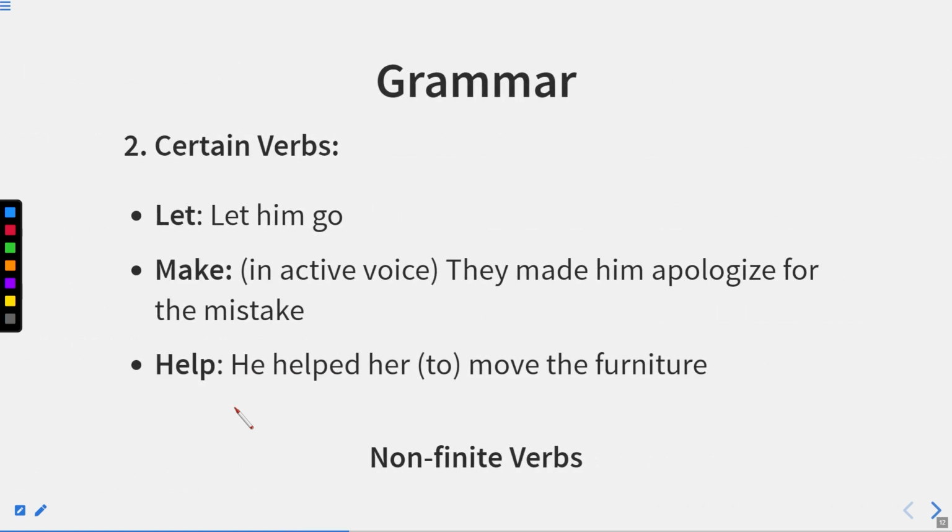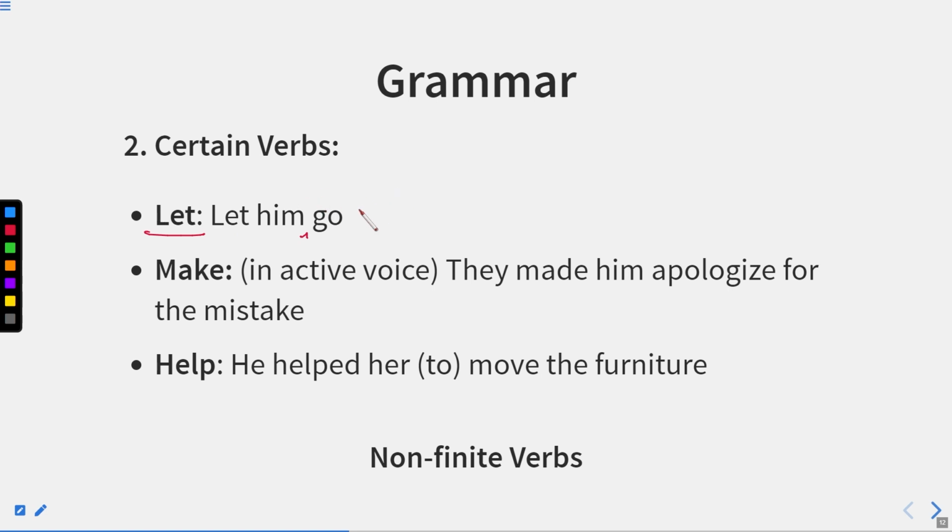Now, with certain verbs, for example, let: let me go, let him go. Here you can see clearly that we do not have to after it. Sometimes, if we convert such sentences into passive voice, we can have to over there. We'll discuss that later on.